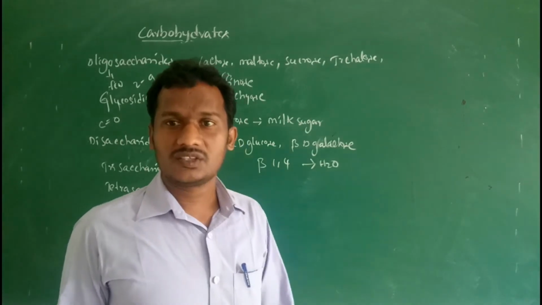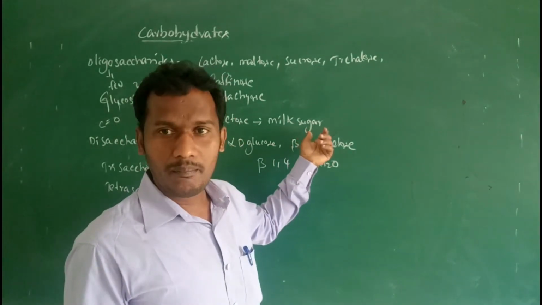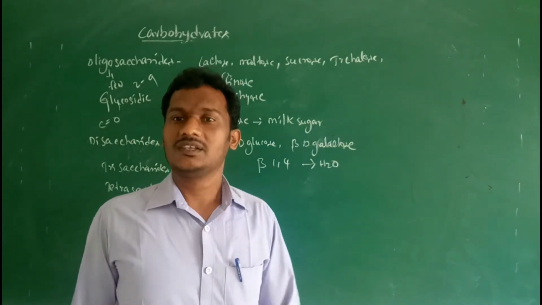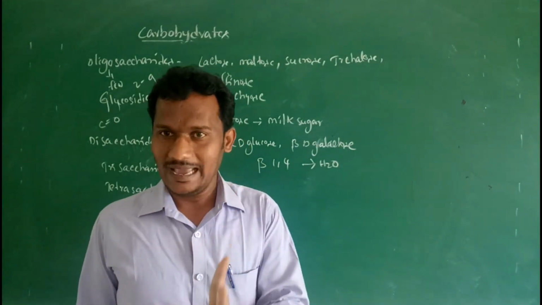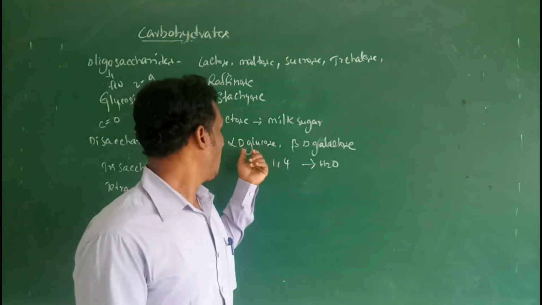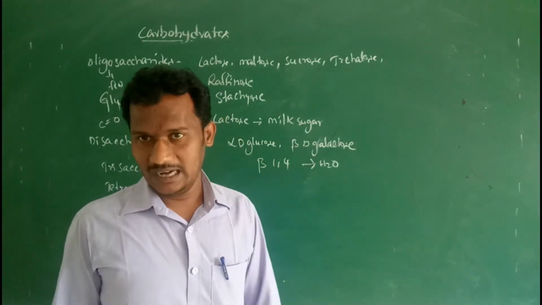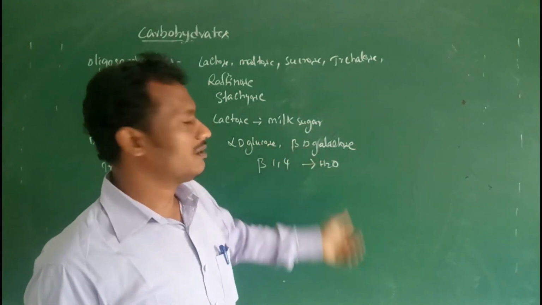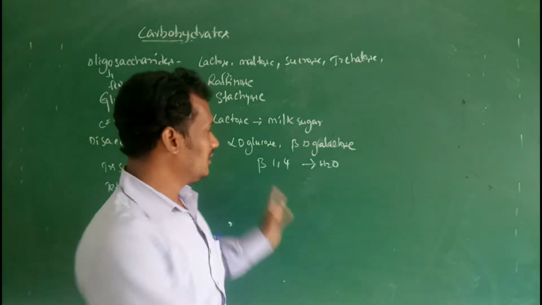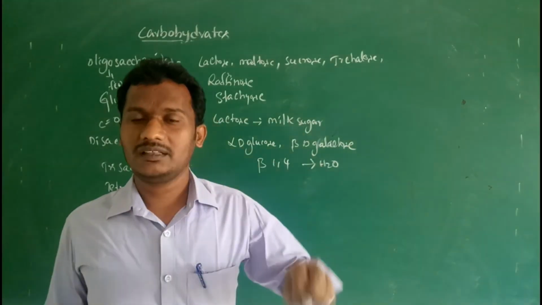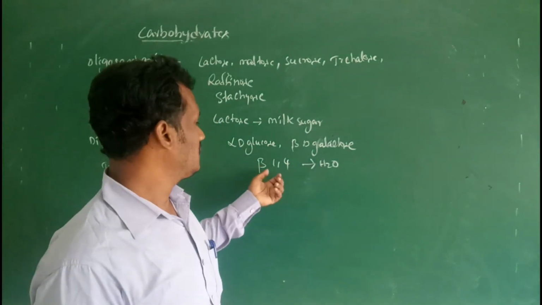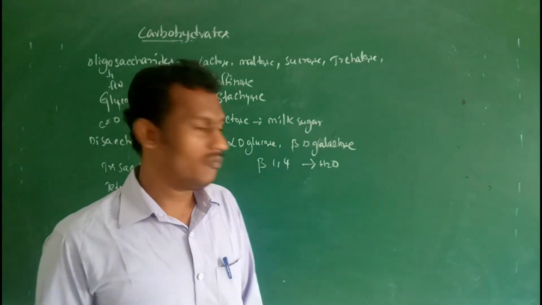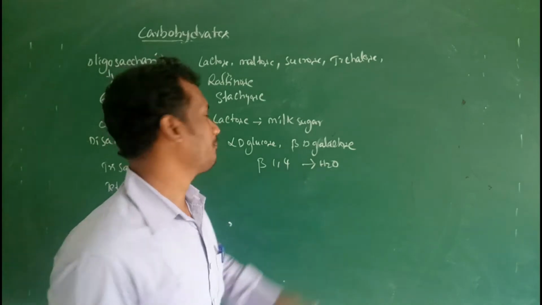So lactose is known as milk sugar, present in the milk of mammals. By hydrolysis, it gives alpha D glucose and beta D galactose, joined by a beta 1,4 glycosidic bond by the elimination of one water molecule.